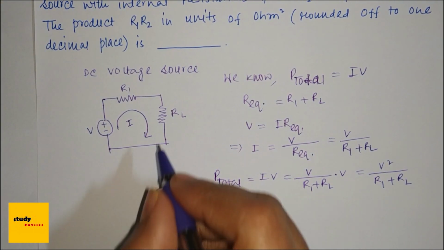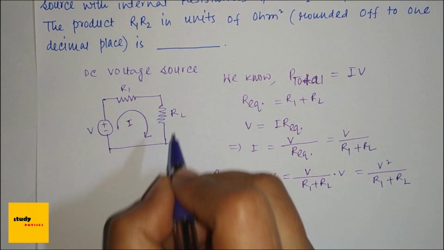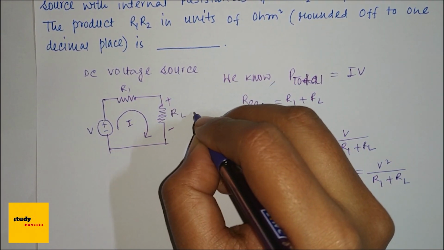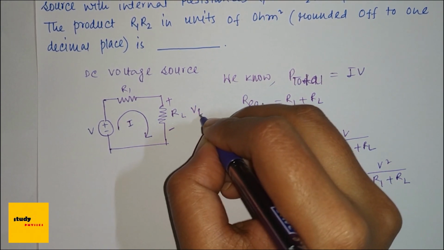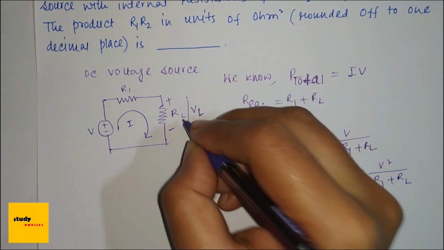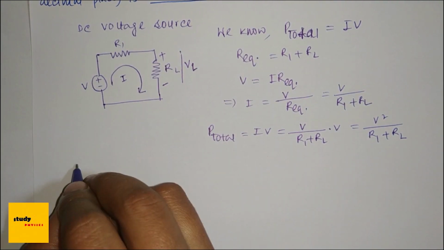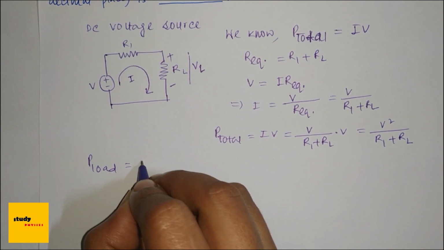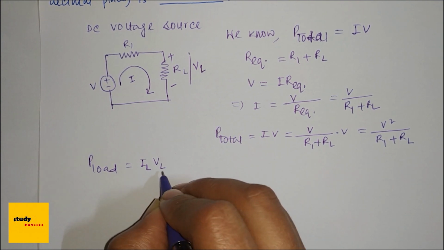Now let's talk about VL, the voltage across the RL. So P load is IL into VL.